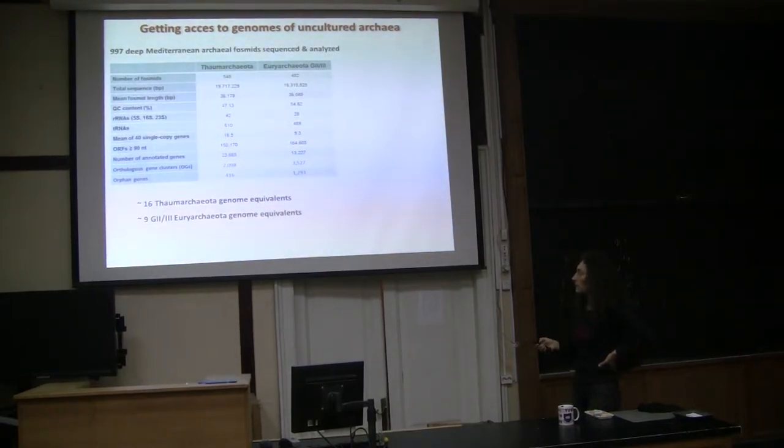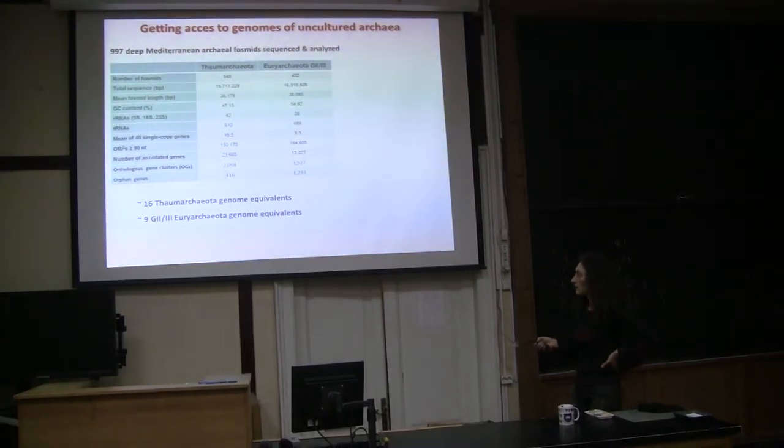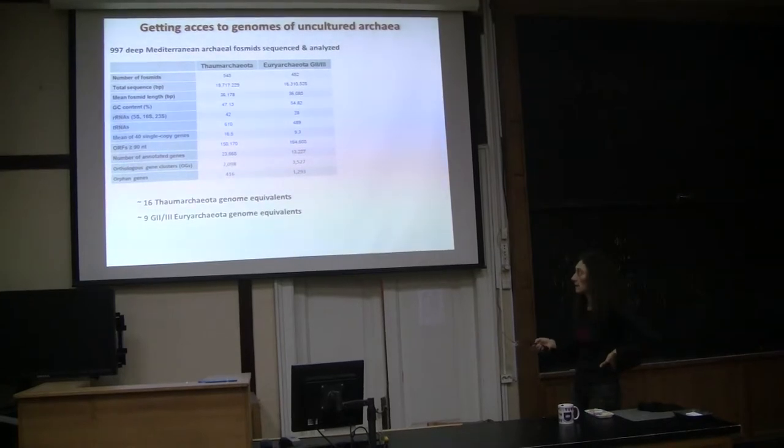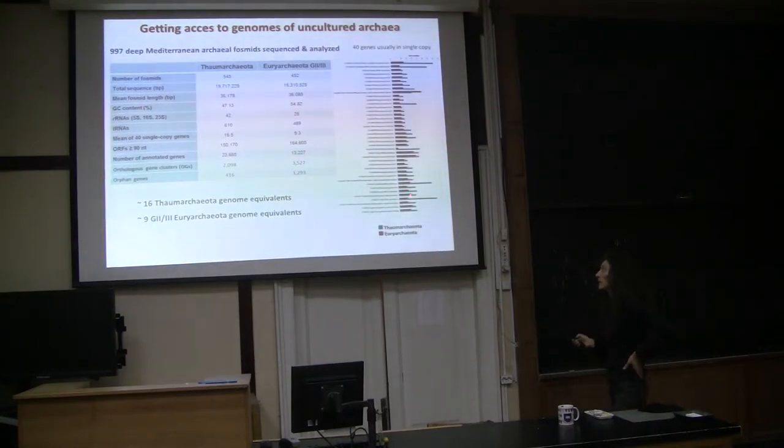This represented about 16 Thaumarchaeota genome equivalents and 9 group 2 and 3 Euryarchaeota genome equivalents, by counting the average number of a series of 40 genes that are usually found in single copy in prokaryotic genomes. This also corresponds very well with the number of RNA genes that we detected in both the Thaumarchaeota and Euryarchaeota.